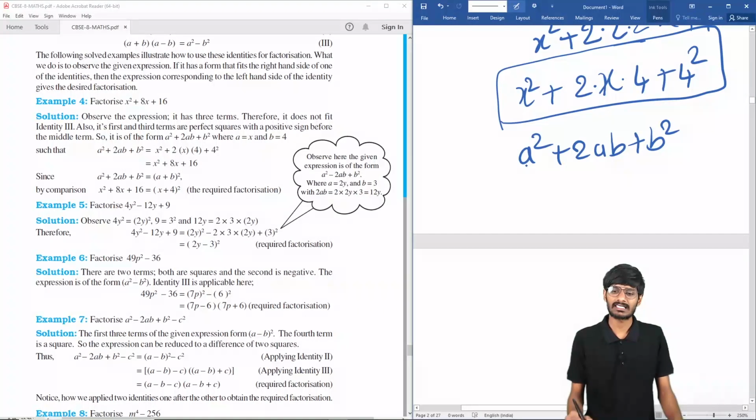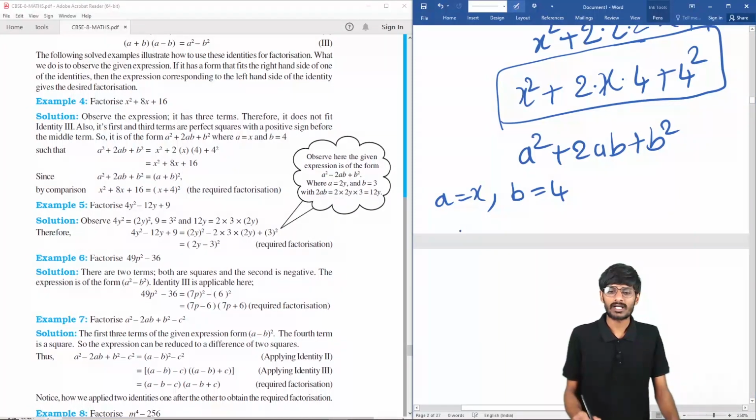In the place of a, there is x. So a is equal to x, and in the place of b there is 4. Here b square is 16, and in place of b there is 4. So what is the identity for a square plus 2ab plus b square?